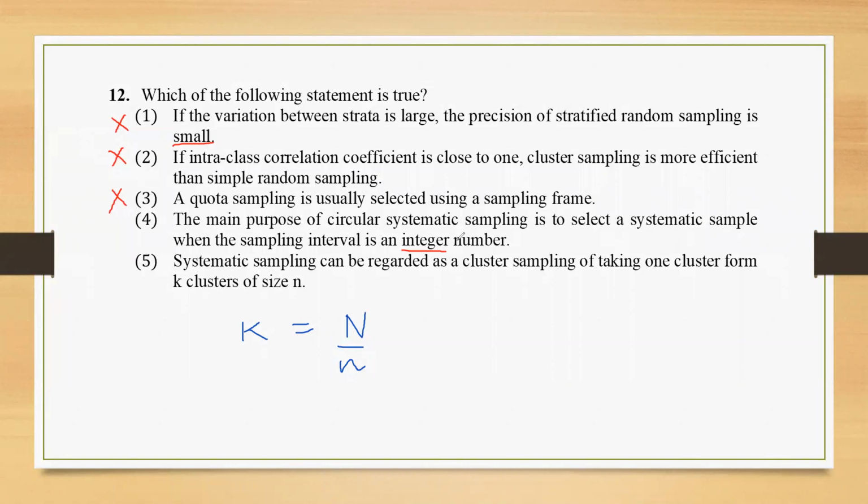If we can find an integer number as the sampling interval, we can do linear systematic sampling. But if we are unable to find an integer number as the sampling interval, then we have to use circular systematic sampling. So therefore, the fourth statement is also incorrect.